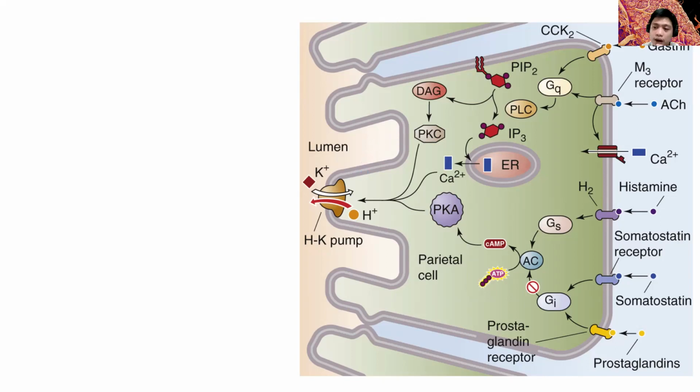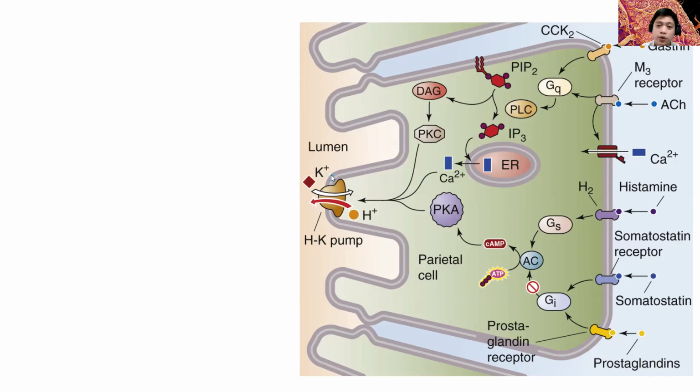So, parang ganito siya. Sa simula, yung proton pump, nakatago pa siya sa loob ng parietal cell. And therefore, hindi pa siya nagpa-pump ng proton papunta sa lumen. And it's not yet pumping acid.